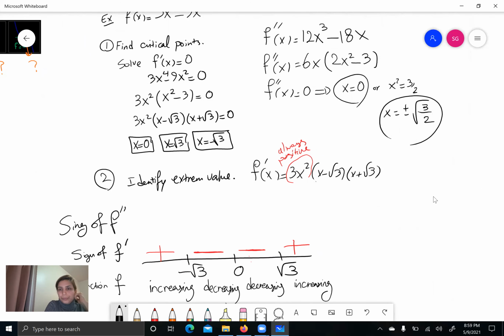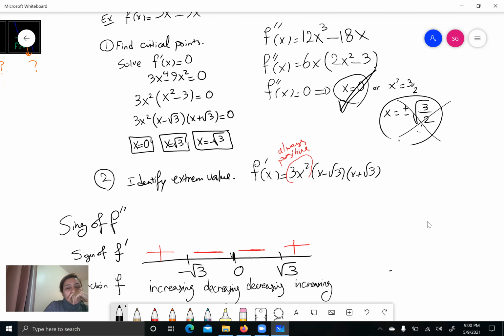Among these, only zero is a critical value. This is not a critical value, but zero is. So zero matters. I should use the second derivative sign around zero at least.